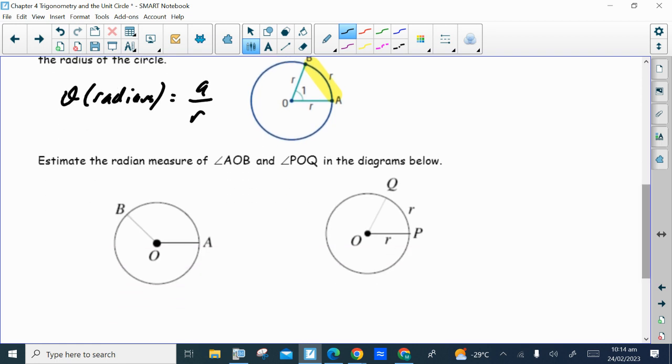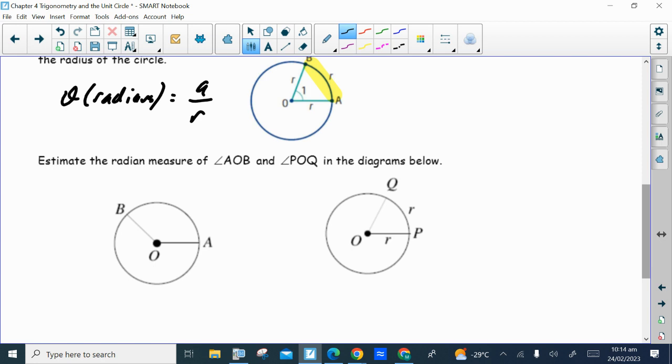And so that tells you then if you are using this arc length formula, that theta must be in radians. So this next part says estimate the radian measure of angle AOB and angle POQ. And so it's just an estimate.